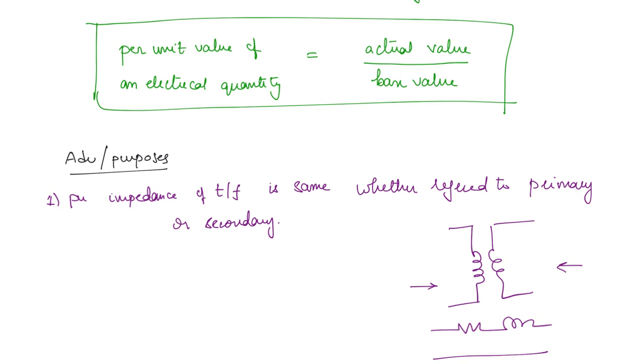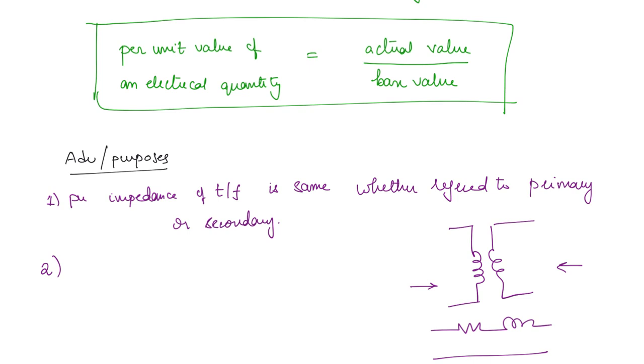So that is why it is called referred to primary or secondary. So it will become more clear to you when we discuss the transformers. Okay, but what happens, the actual impedance will be different when referred to primary and secondary sides, but the per unit impedance is going to be the same. Okay, so that also you will get an understanding when we discuss the transformers.